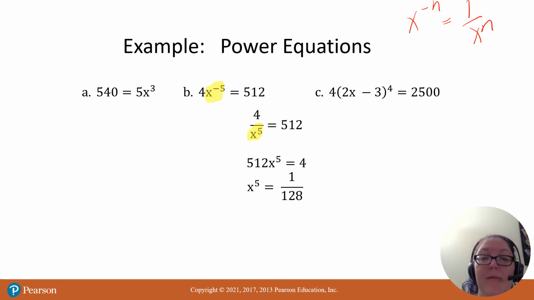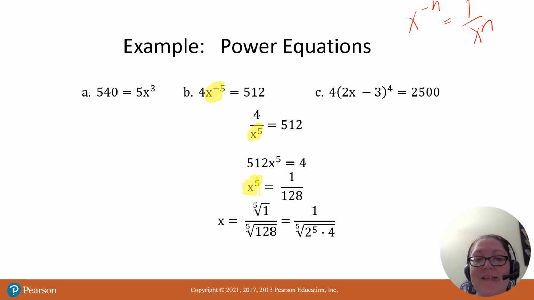At this point, I'm paying very close attention. I have isolated the term that my whole goal was to isolate. Once it is isolated, I can now take the fifth root. It is the fifth root of that entire fraction, but a lot of times we think of it as the fifth root of the top and the fifth root of the bottom.